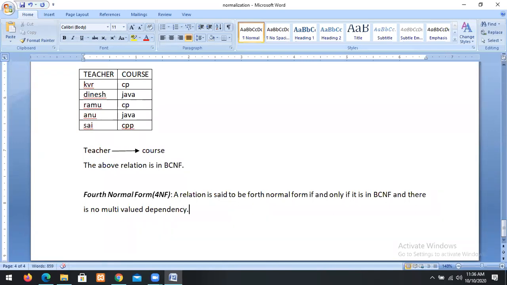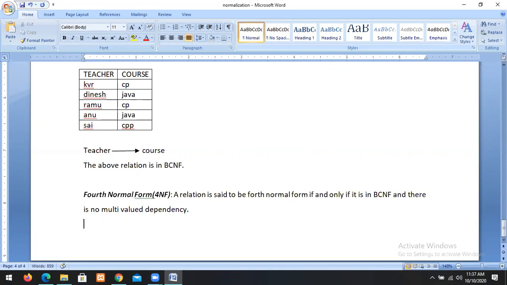A relation is said to be in fourth normal form if and only if it is in BCNF and there is no multi-value dependency. So it must be in BCNF, and there is no multi-value dependency.